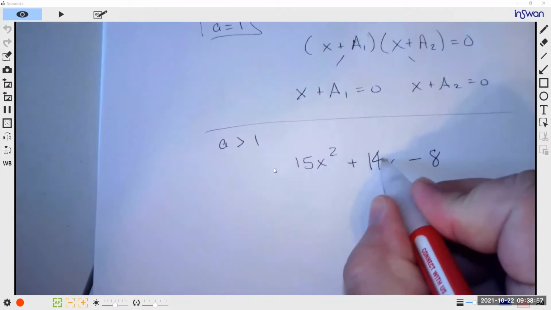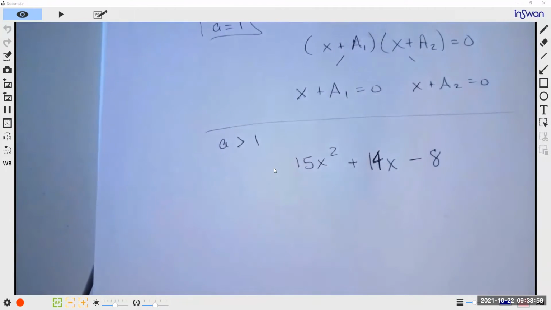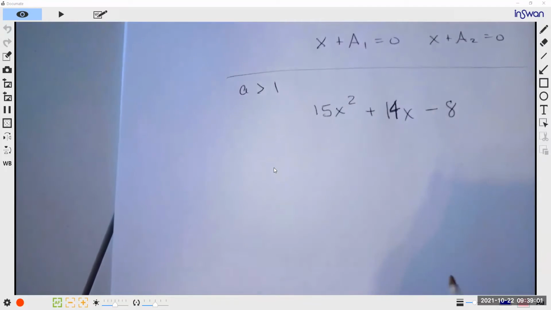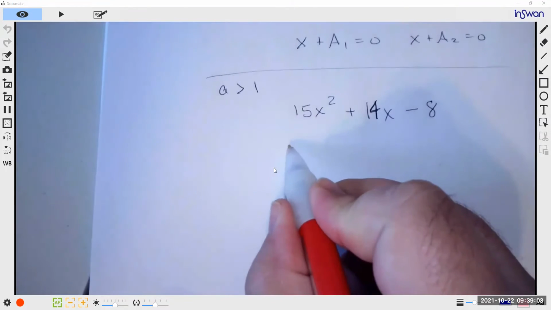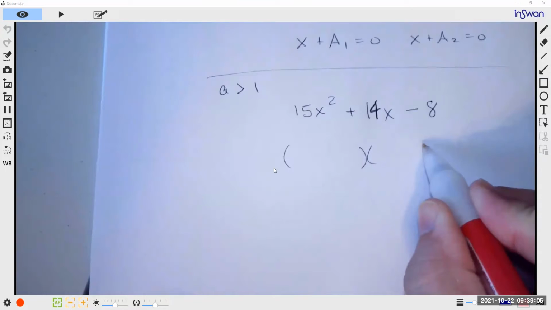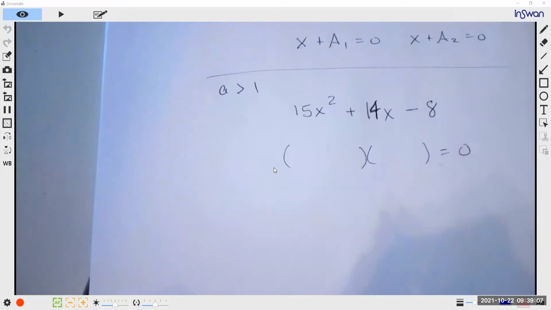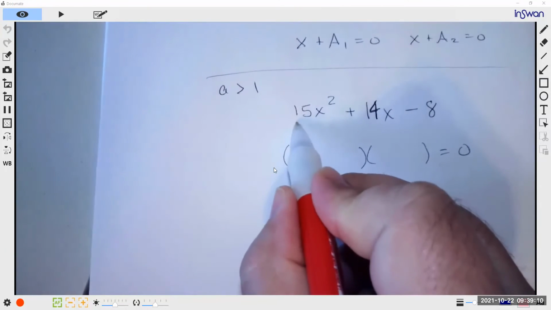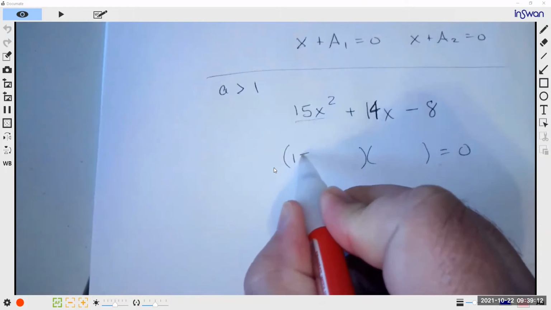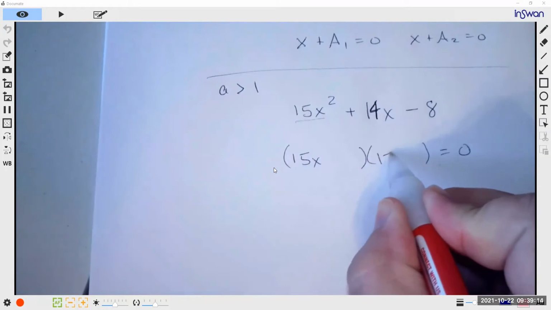Now let's make it 14x. This method, we took the first term and put it in the first spot.